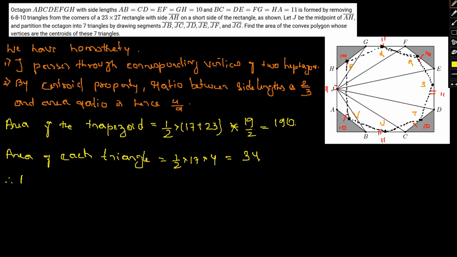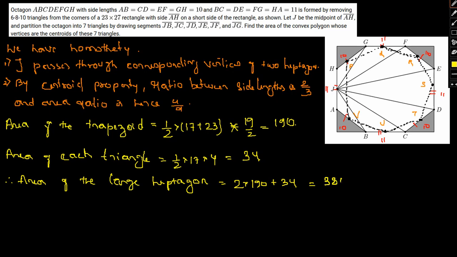Therefore, the area of the large heptagon will be 2 into 190 plus 34. So this would give us 380 plus 34, which is 414.